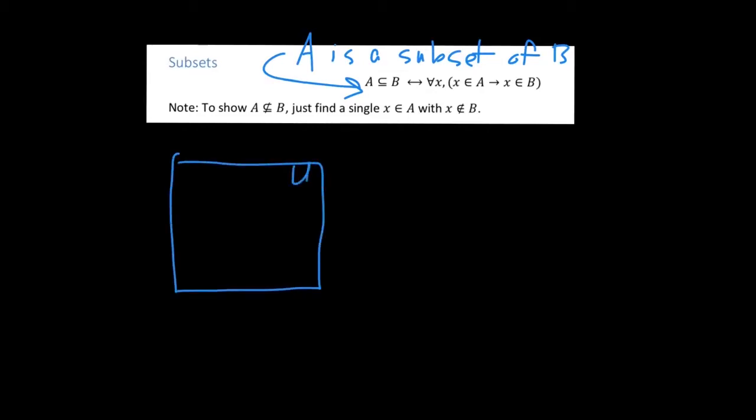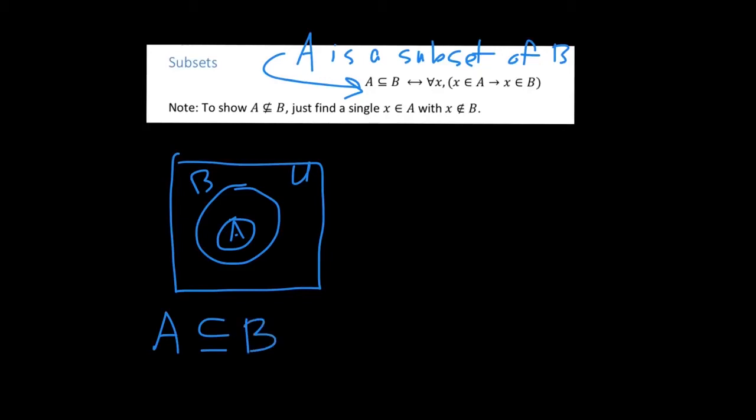This is my universal set U. And I have my bigger set B and my smaller set A. So when this happens, let's draw A right here. When this is the situation, A is indeed a subset of B because A is totally contained in B.